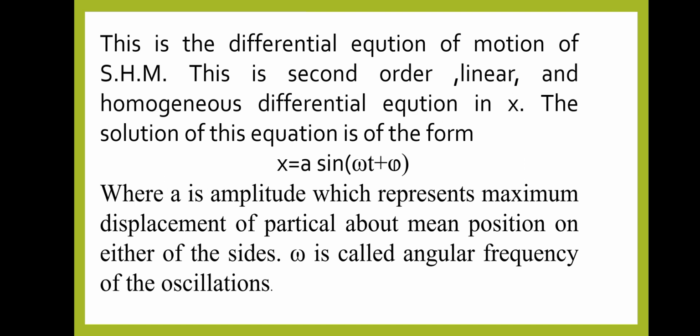Linear because there is no product term of the dependent variable and its derivative. Also the power of the dependent variable and its derivative is 1. Homogeneous because each term contains the dependent variable or its derivative.